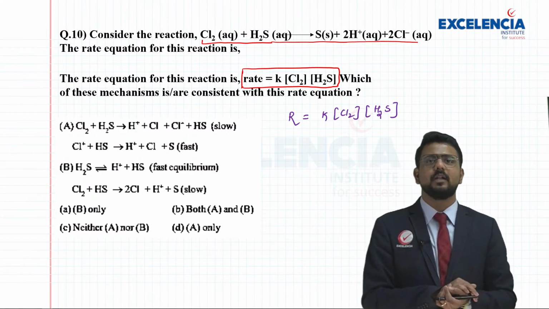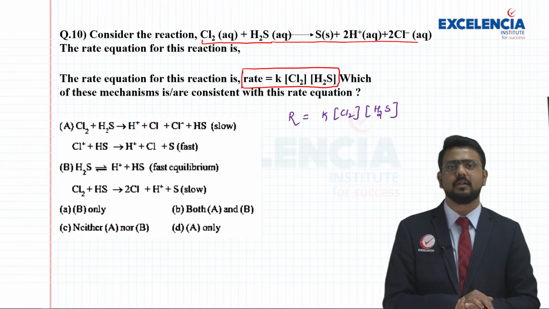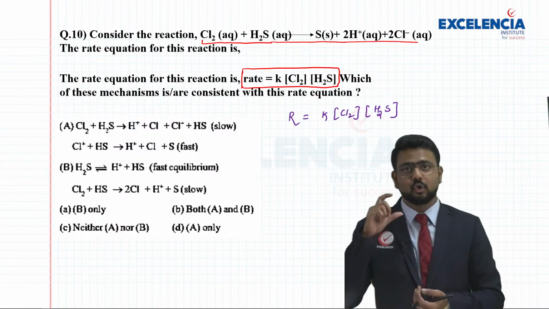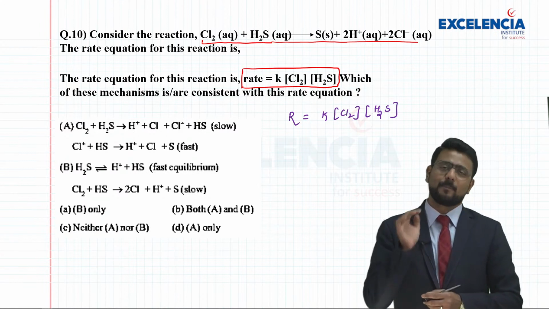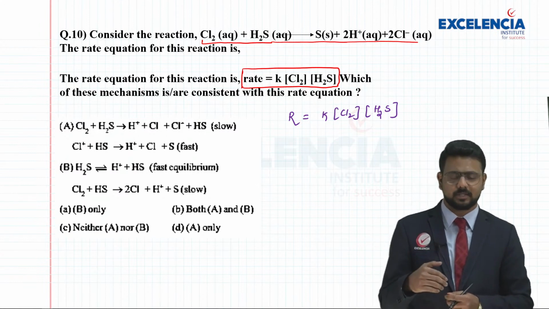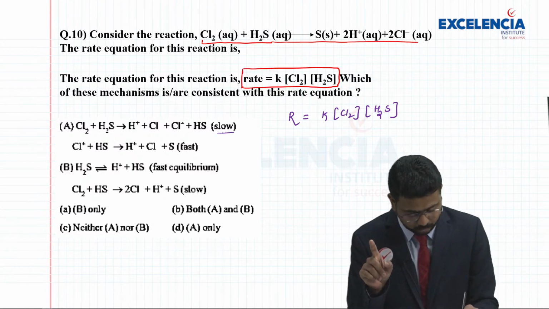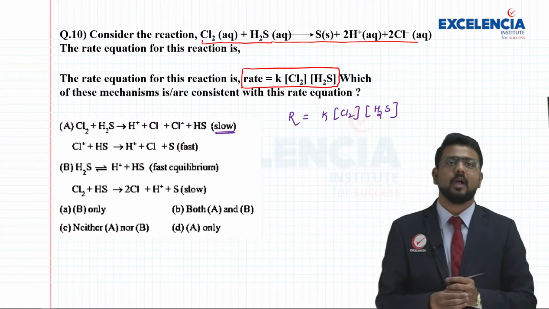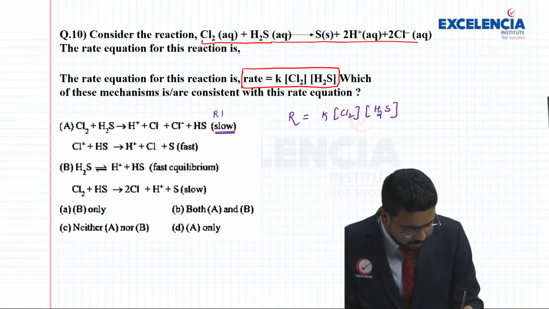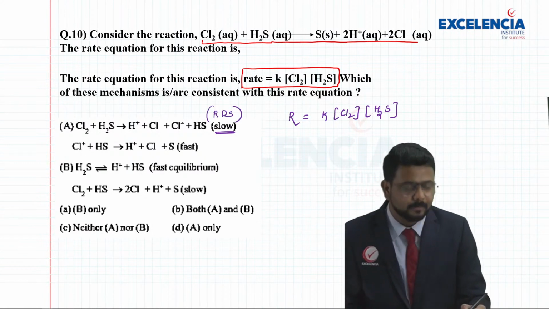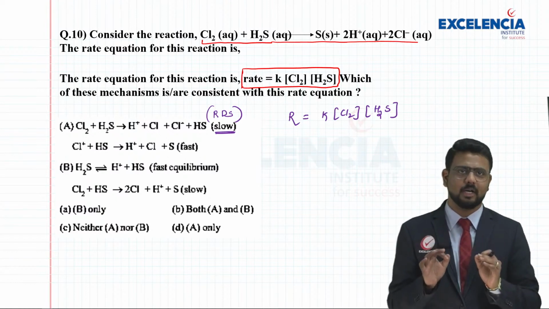So here you have been given these two different mechanisms, and based on that they have been given certain options here. If you look at the first mechanism, Cl2 plus H2S gives H+ plus Cl- plus HS. Now this is a slow step, very important. If this is a slow step, we can say that this is going to be the RDS, that is nothing but the rate determining step, right?